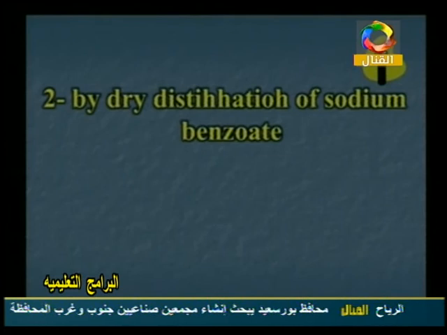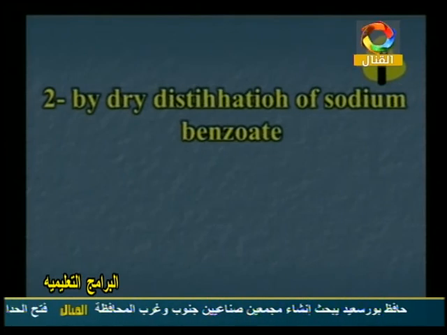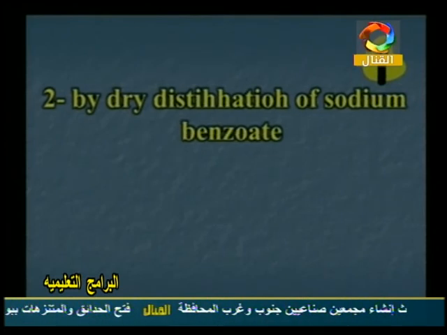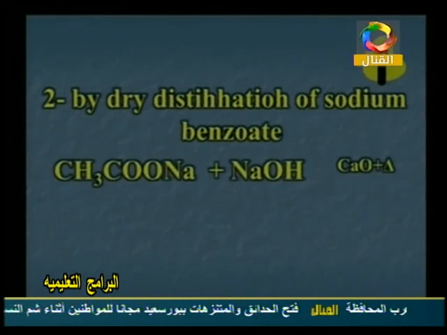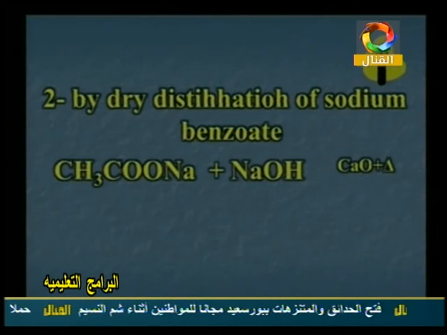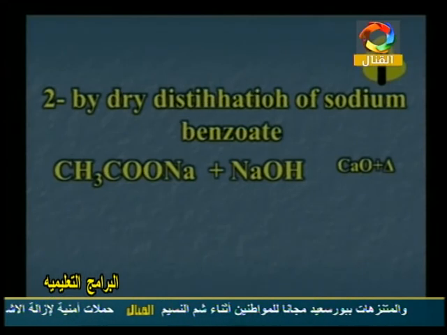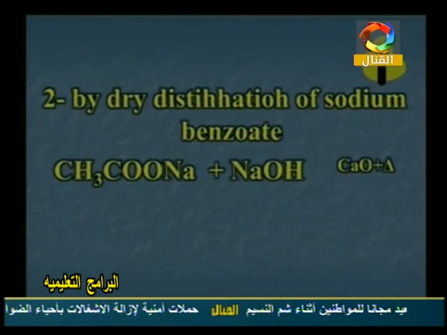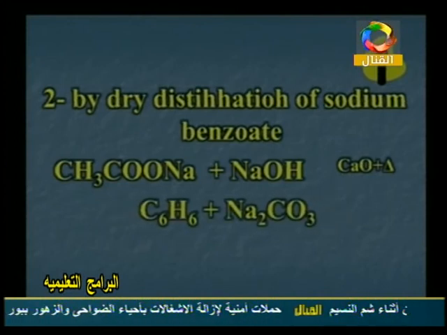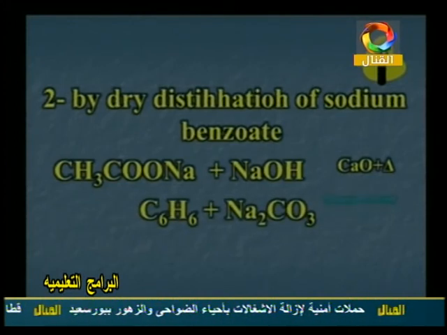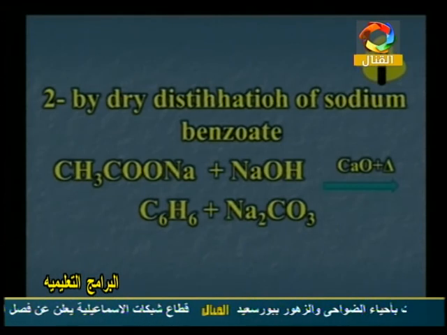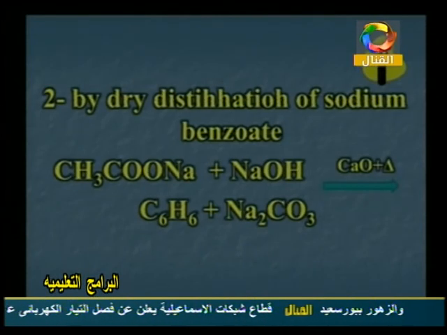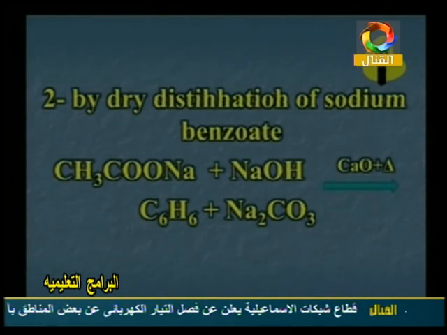The other method is by dry distillation of sodium benzoate, C6H5COONa, by adding NaOH in the presence of calcium oxide and heat, giving C6H6 plus Na2CO3. Wonderful, benzene by 2 different methods.